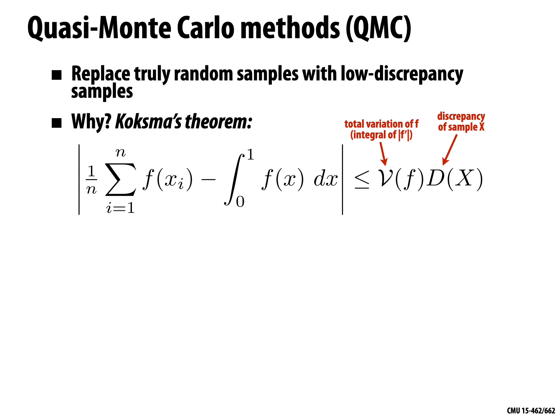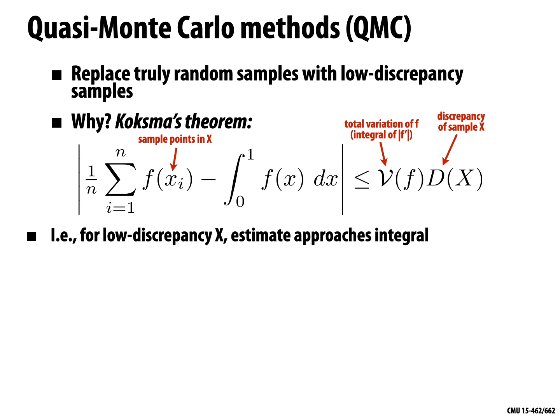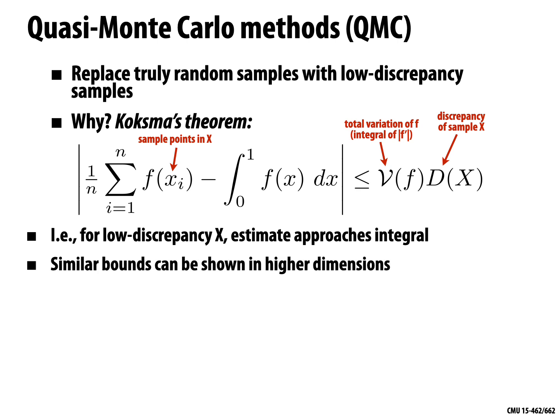So intuitively, if the function is really, really variable and our samples aren't doing a good job of spreading themselves out over the domain, we're going to do a poor job of estimating the integral and vice versa. Okay? So for low discrepancy samples X, we approach the true integral, and this is just a one-dimensional expression here, but similar bounds can be shown in higher dimensions.